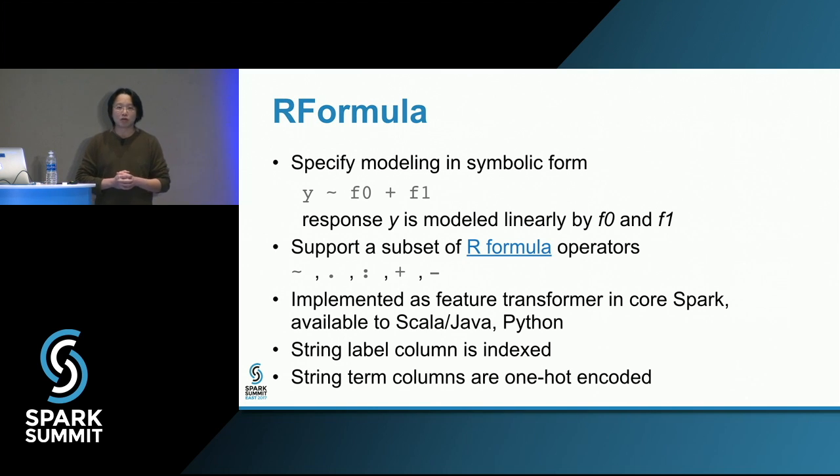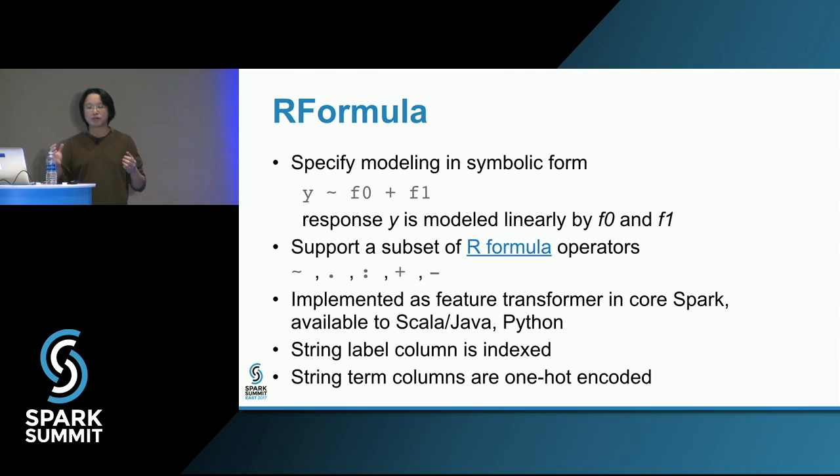What's unique about this SparkR implementation of SparkML is the notion of R formula. R has this notion of formula that you can use to specify your model in a symbolic form. An example is what you see on the top, which is Y, the response, modeled linearly by F0 and F1.